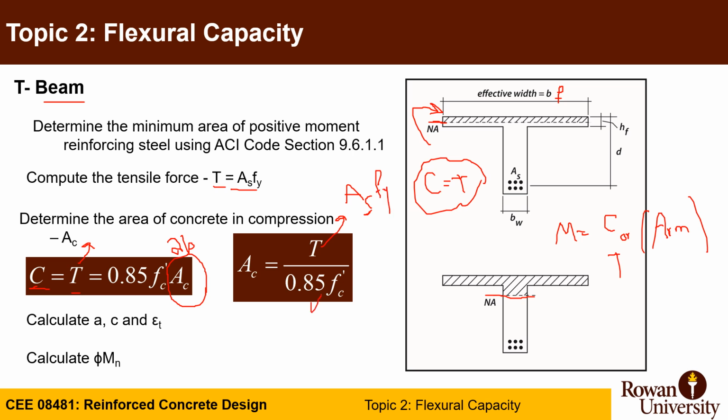From this case, we will compare AC to the area of the flange, AC flange, which is basically HF times BF.